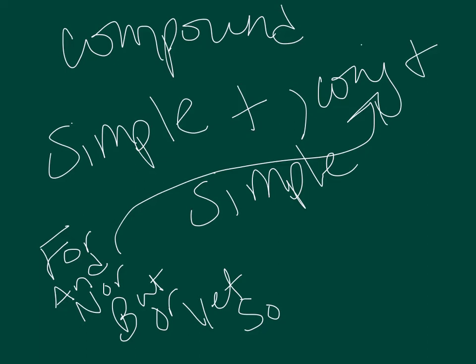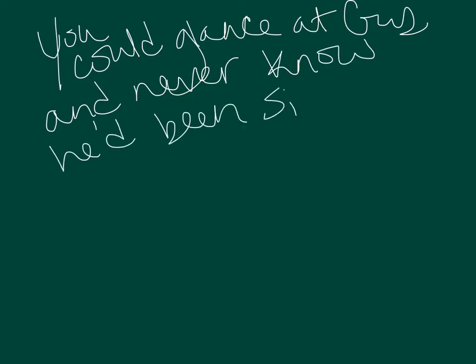An example of a sentence from the book The Fault in Our Stars would be starting with the same sentence that we began with before. You could glance at Gus and never know he'd been sick, comma, but.